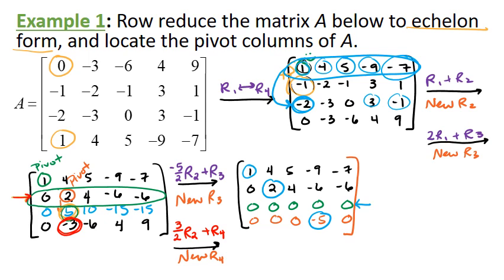But this is a pivot. So I'm going to interchange these last two rows, because if I have a row full of zeros, I typically want that to be the last row. So I'm going to interchange rows 3 and 4. So I end up with the following matrix.